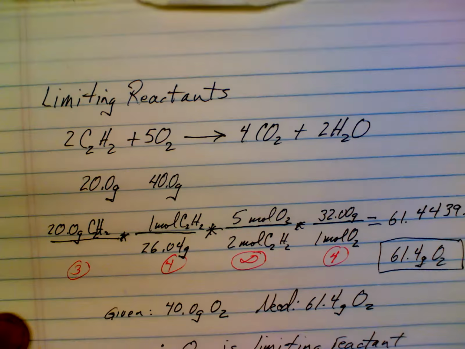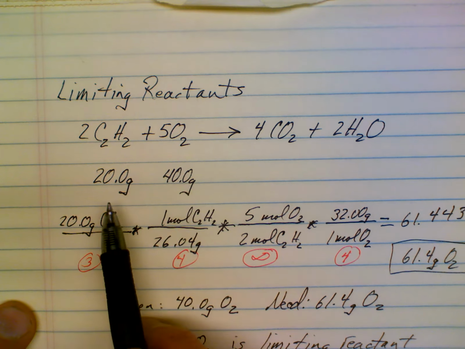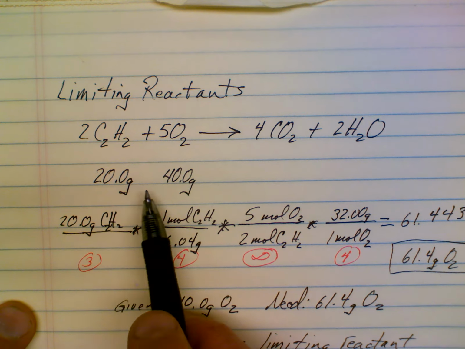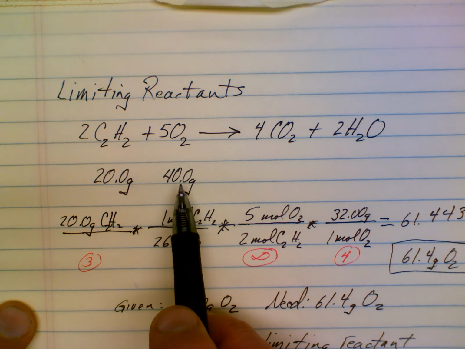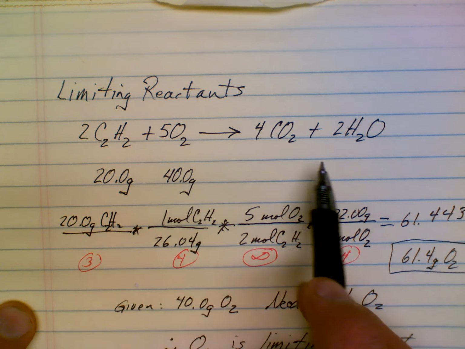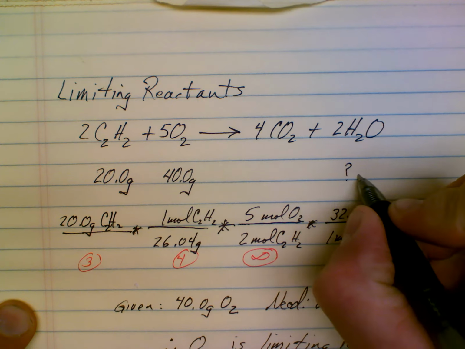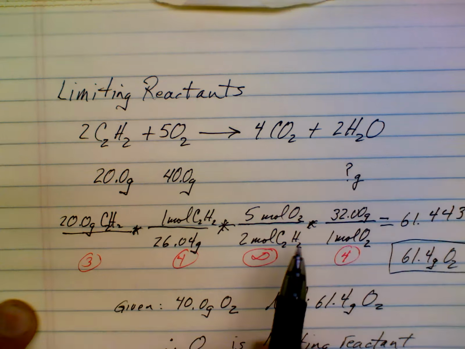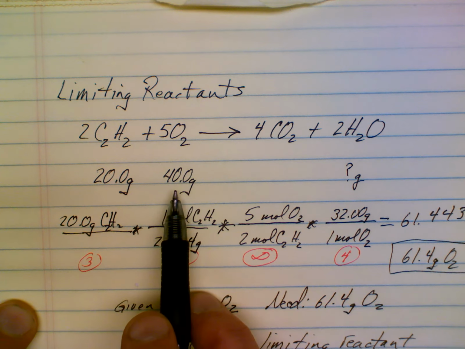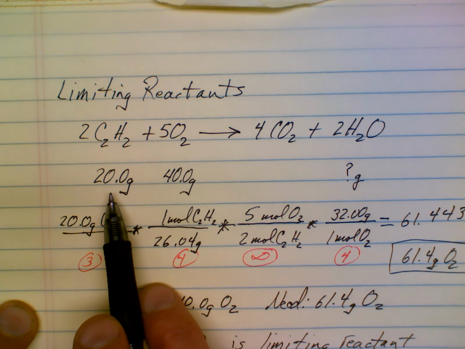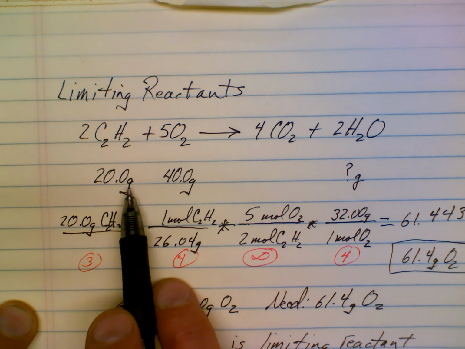So the question is, do we use the 20 grams of the acetylene or the 40 grams of the oxygen to determine the mass of water that's going to be produced here? Well, we cannot use the 20 grams of acetylene because not all of it's going to be used.